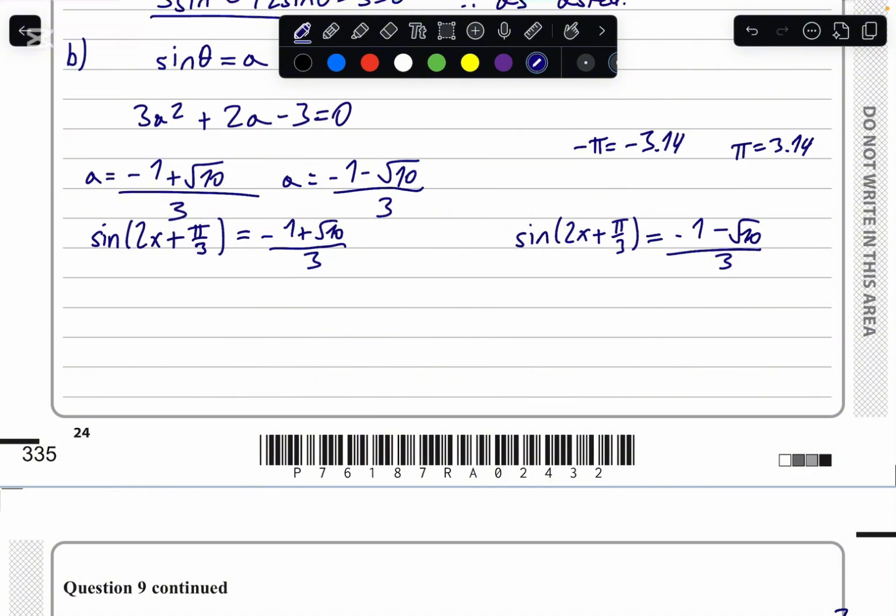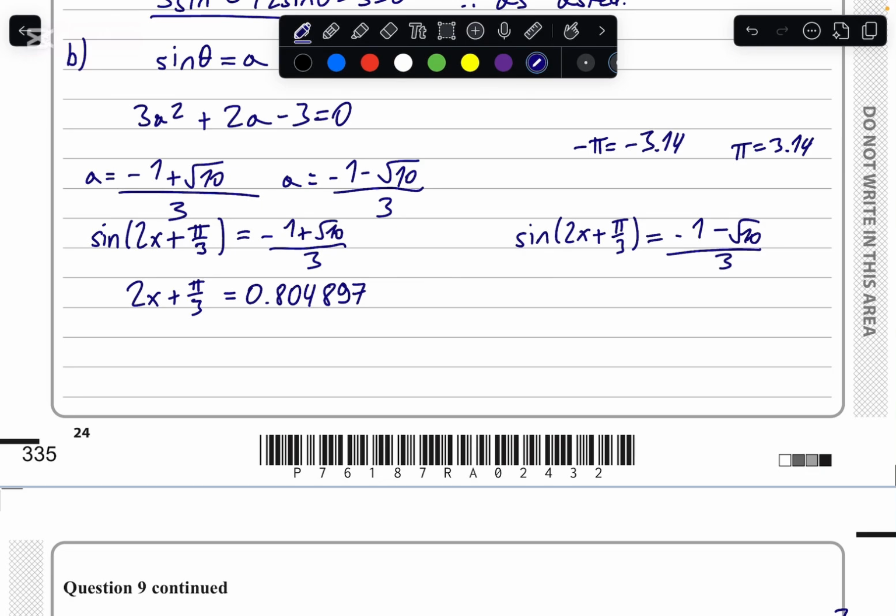So to get rid of this sine here, and to leave this theta value alone, we will do 2x plus pi over 3 equals to inverse sine of this value here. And that gives us a value of 0.804897.